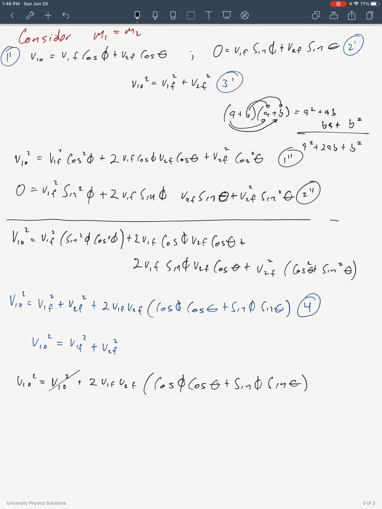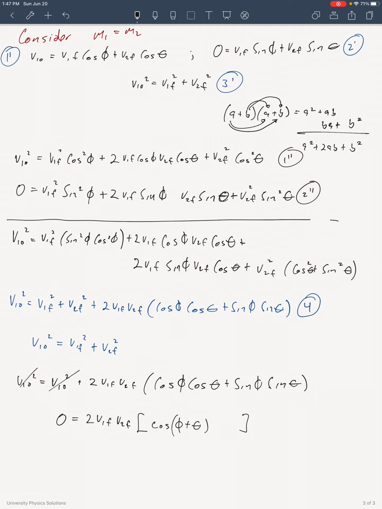Alright, so then these two have to cancel out, and so I get that 0 is equal to 2b1f, b2f times this mess. But if you remember your angle sum identities, you would recall that this portion of the equation is simply an angle addition formula, which is cosine of phi plus theta.